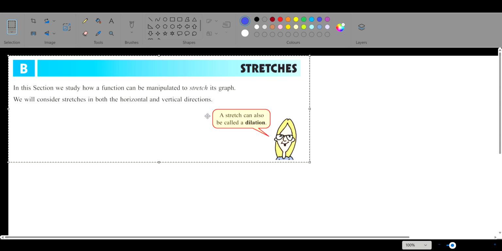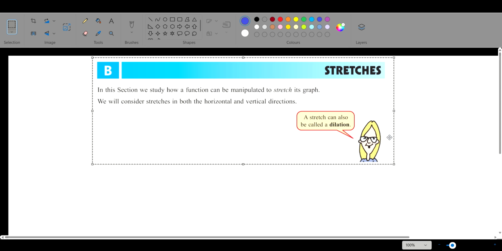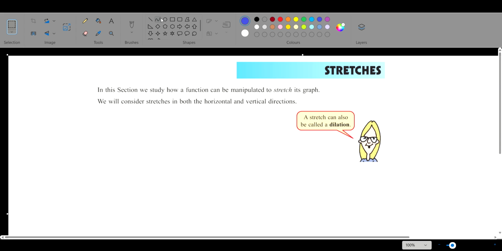Next we are going to learn about stretches. It's not that accidental thing, like when someone gets an accident and we call it a stretch. In this section we study how a function can be manipulated to stretch it.